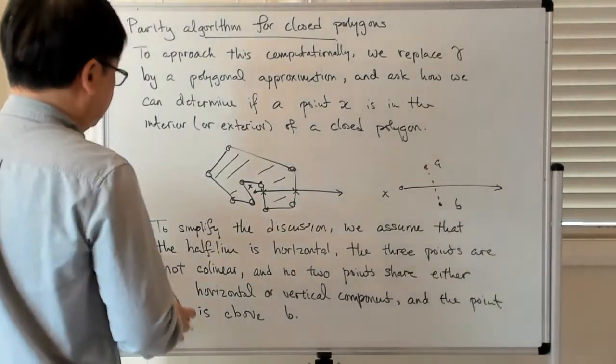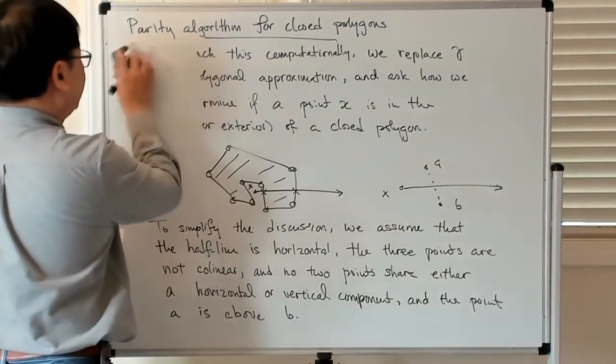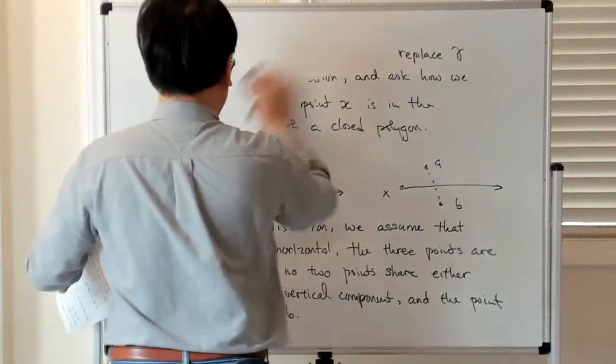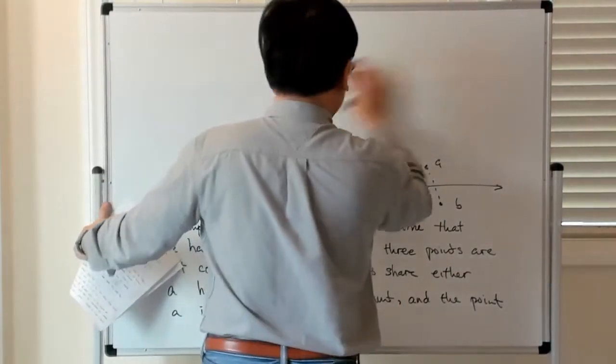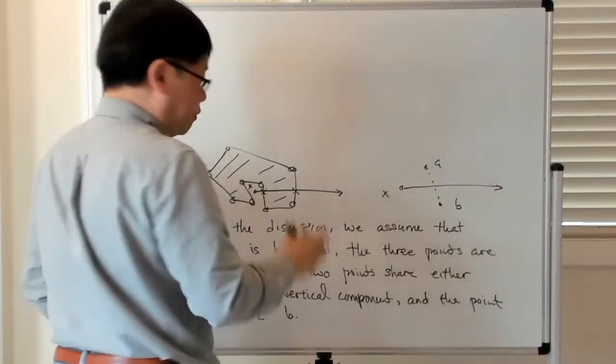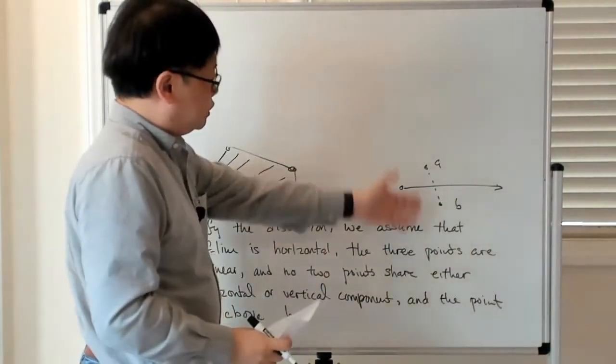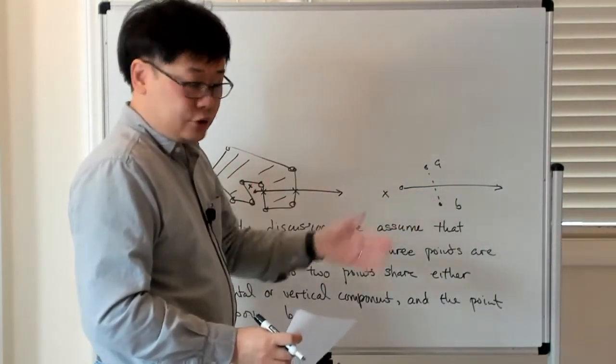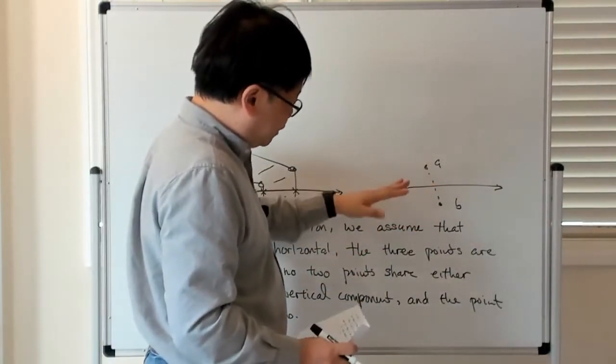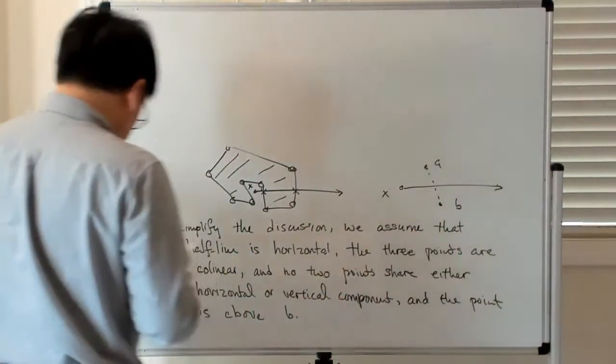So let's see what happens. In order to implement the parity algorithm, what we're trying to do is determine whether or not there's a crossing for a given edge segment and that half line.